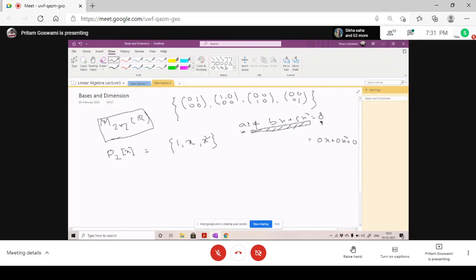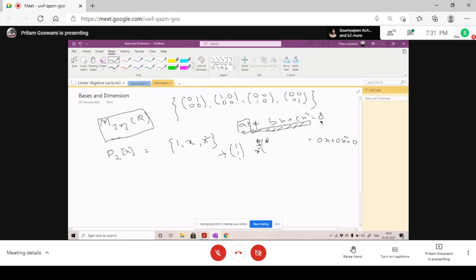So basically, you can write any vector in this form, right? Column vector form. I told you yesterday in the first class. So what will the column vector of this be? Suppose this is for the constant term, this is for the x term, and this is for the x squared term.